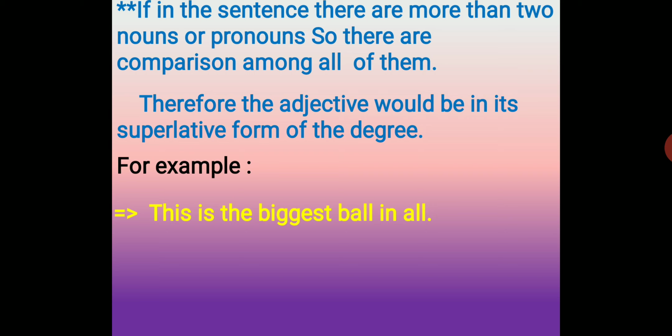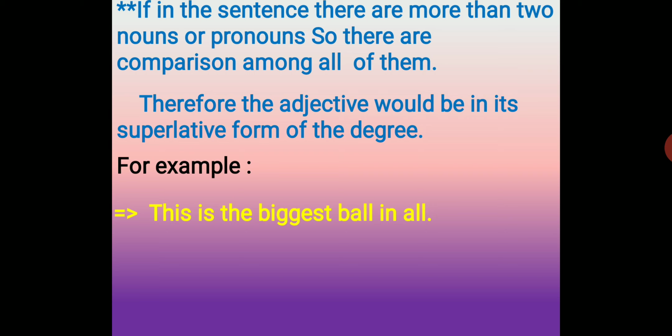In all means more than 2. Maybe they are 3, 4, 5, 10, 20. We don't know, but one thing is clear, that the balls are more than 2. So the comparison is going to be among more than 2 balls. That's why we are writing the adjective in its superlative form.